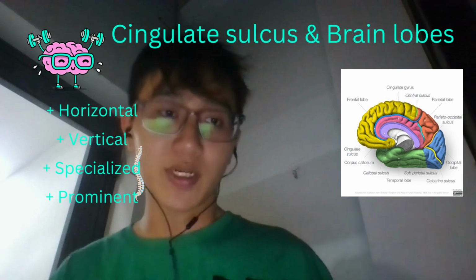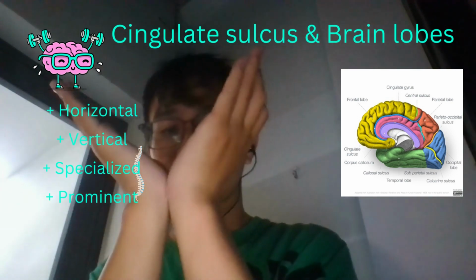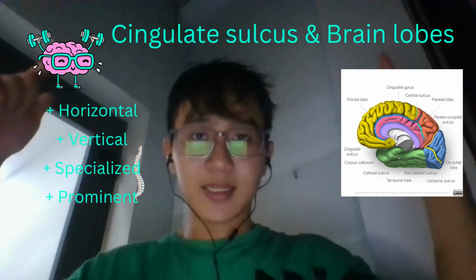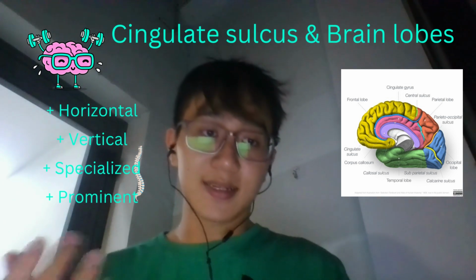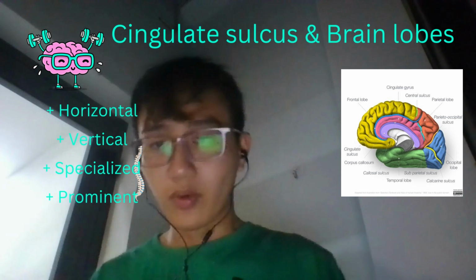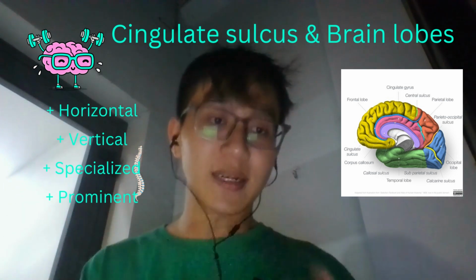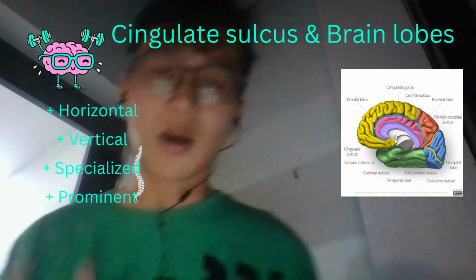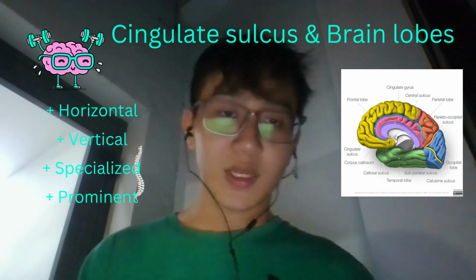Yeah, the prominent part. The sulcus is like the furrow or the fissure, and the gyrus is the top of the brain.